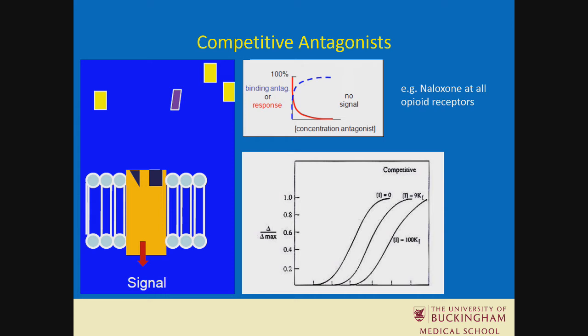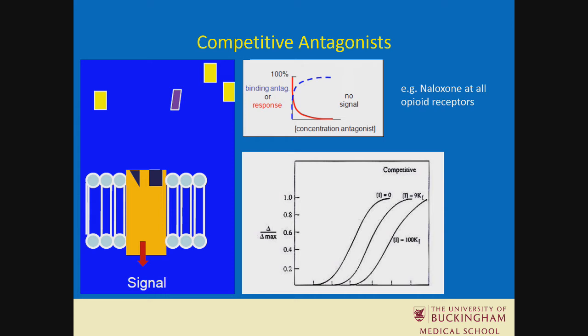Competitive antagonists. So this is where the antagonistic drug, and we've got an example here, naloxone, the one I used last year, binds in the same binding site as the agonist, so it competes for that binding site. So it's competing for this space here. So you've got the agonist there without the antagonist in, there's your response, and when you put the antagonist in, you can start seeing a decrease in response. Actually, this is binding, so the antagonist is actually binding there, and you can see the reduction in response there.